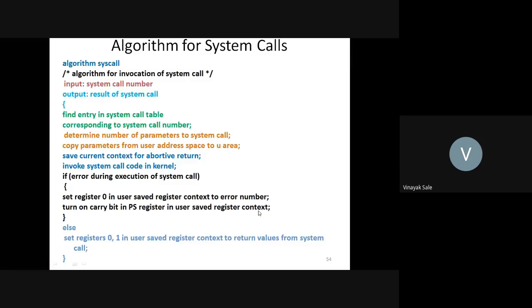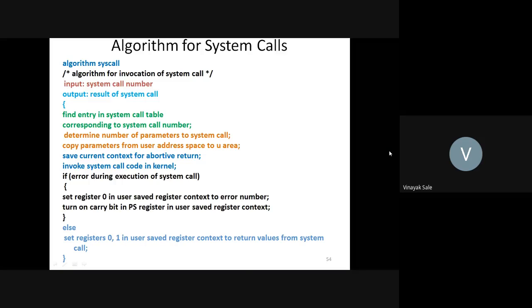If there is no error, set register 0 and 1 in the user saved register context to return values from the system call. This is the algorithm for system call.